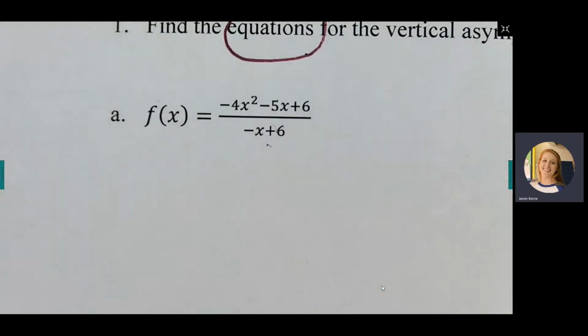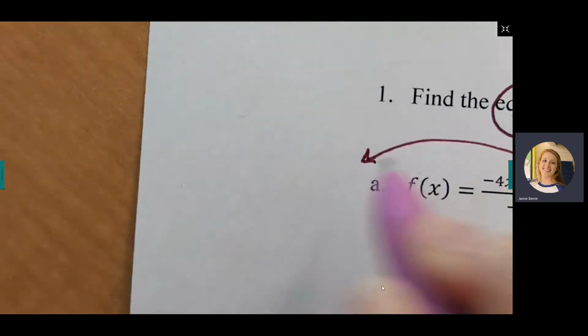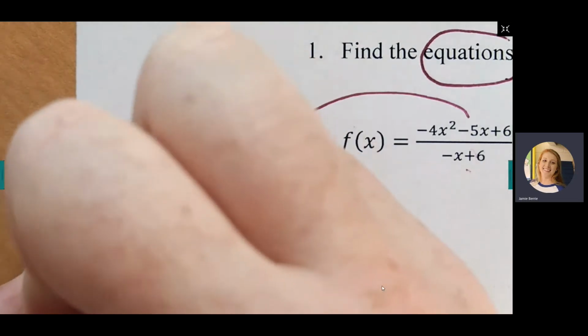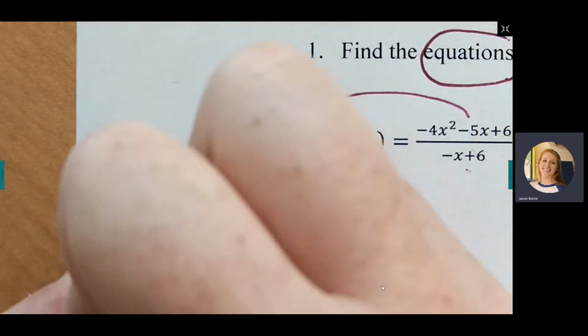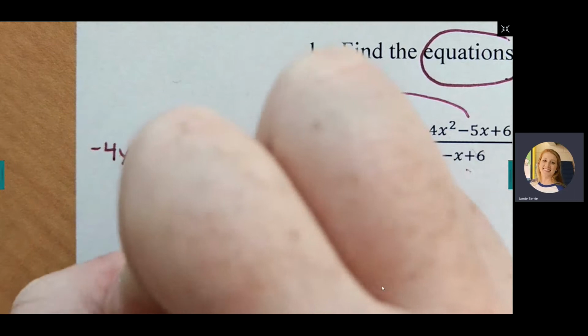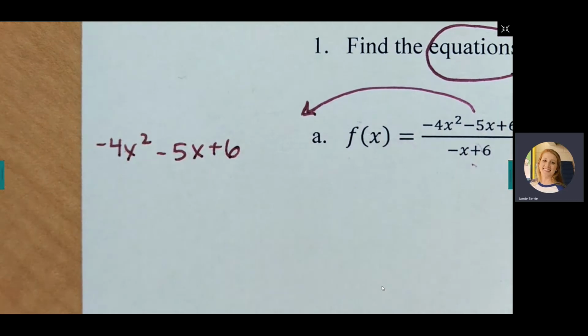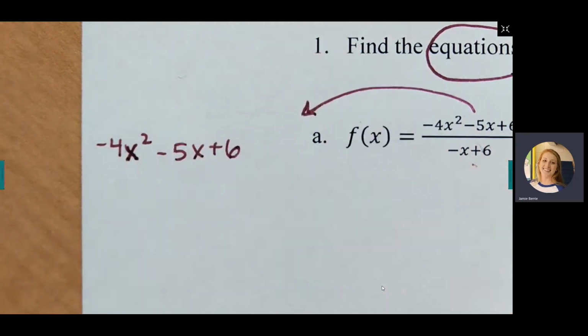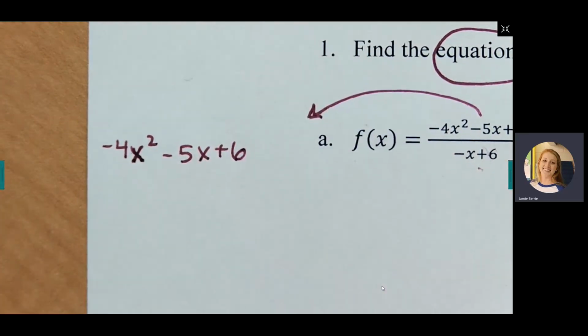Let's go off to the side and do this as our scratch work. So I'm going to rewrite that function. Okay, and we're going to factor this. We're going to use the AC method to factor. We're going to be factoring for the rest of the semester, so it's really important that you get good at factoring.